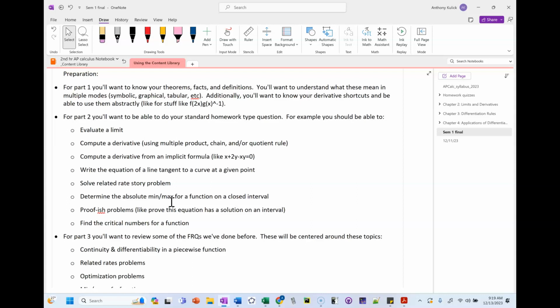And then for determining its max, you can do... Well, if it's an absolute, not local, you'd need the critical numbers, not just where the derivative is equal to 0, but also potentially where the derivative fails to exist, provided that value's in the domain of f. And then you evaluate your critical values and the endpoints of your interval. The biggest one is the absolute max, and the smallest one is the absolute min.